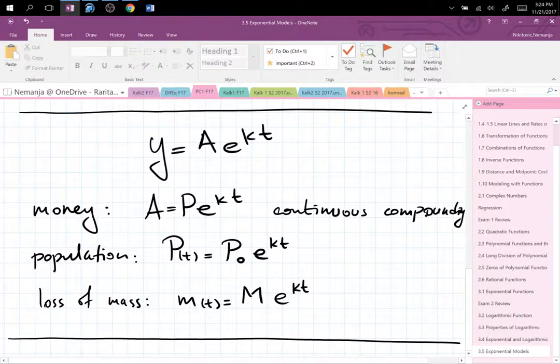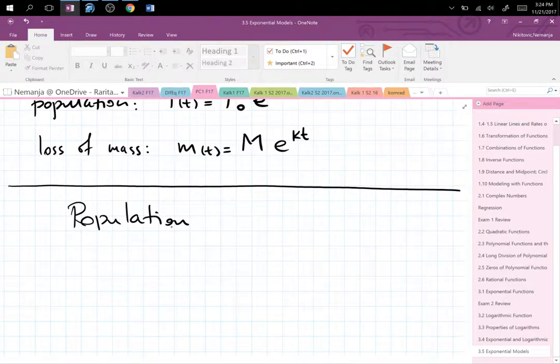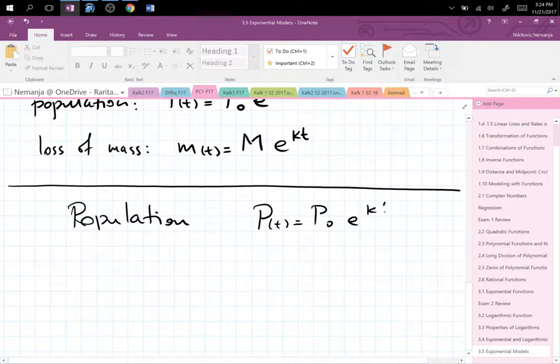So now, moving on, I would like to discuss population, for instance. Population tends to be the cheapest thing to work with and to start with. And I will move to money. So population. We said that we have this equation that population in time is the initial population e to the k t.